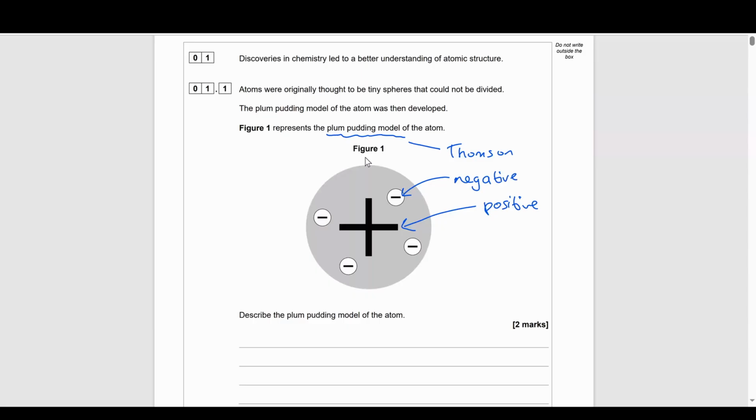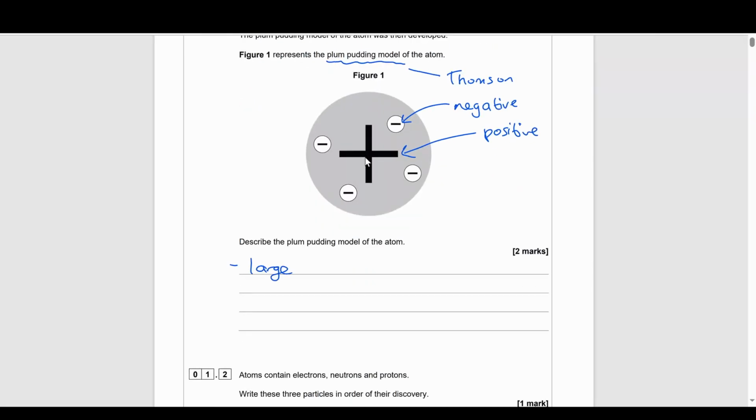So, our understanding of the model is we have a large ball of positive charge with small negatively charged electrons that were embedded in it. And that's what we can write for our answer.